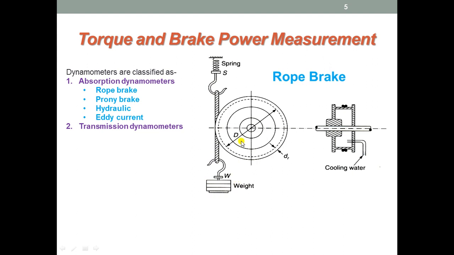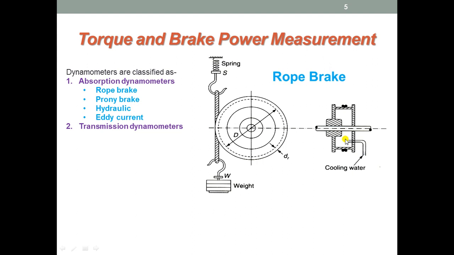The power developed by the engine is absorbed in friction between the rope and the drum. Due to generation of heat because of friction, the drum therefore gets heated up and requires a cooling arrangement as shown in this diagram. A cooling arrangement is provided to maintain or to reduce the temperatures at the required condition.